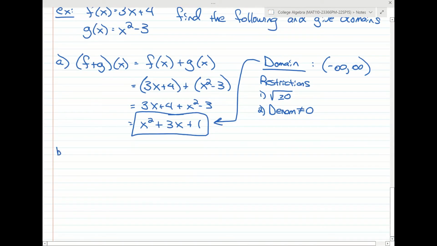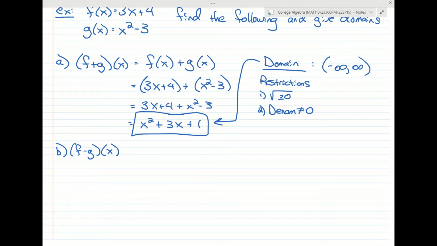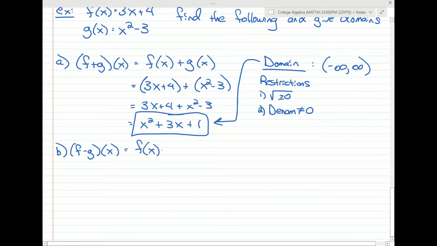All right, let's try another one. How about if we had f minus g of x? What you're going to do is take f of x and subtract g of x.